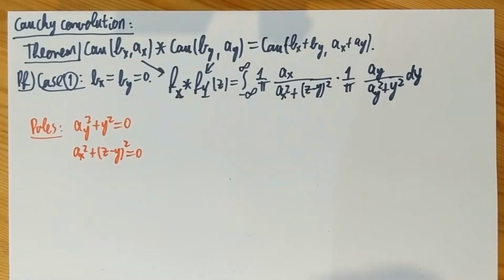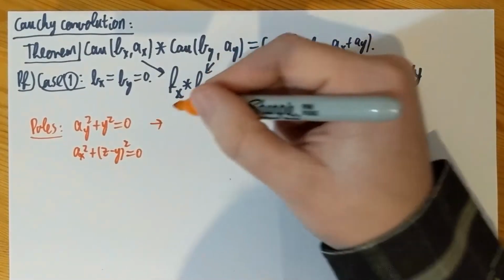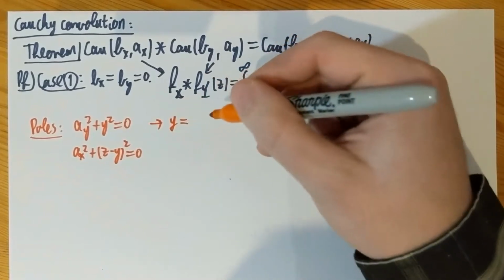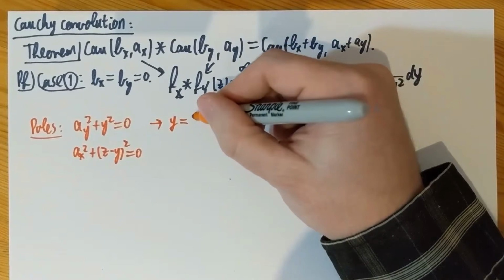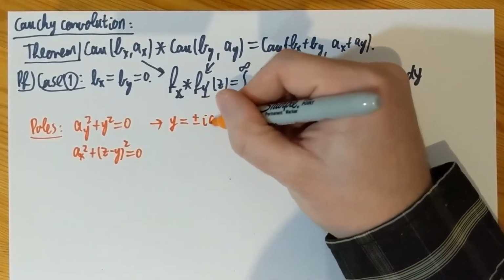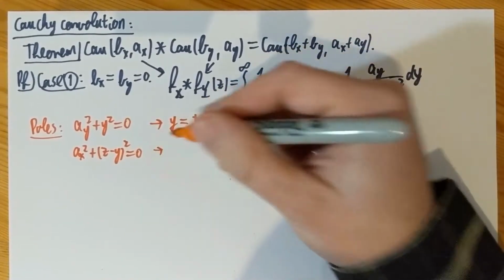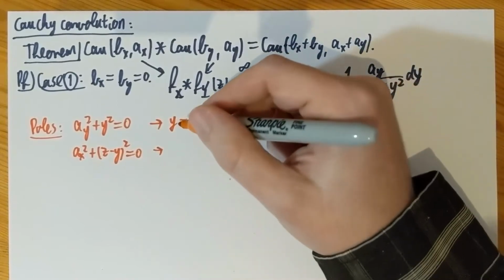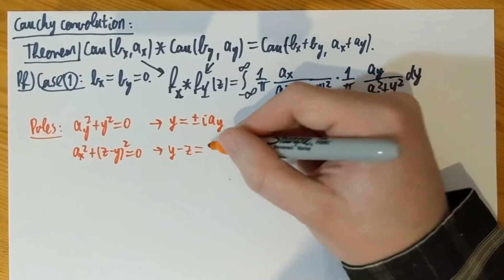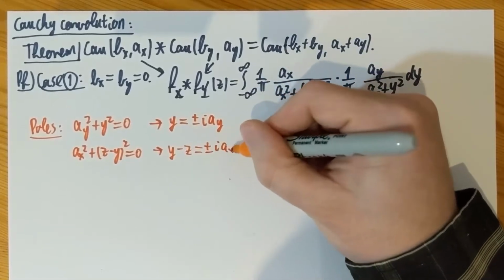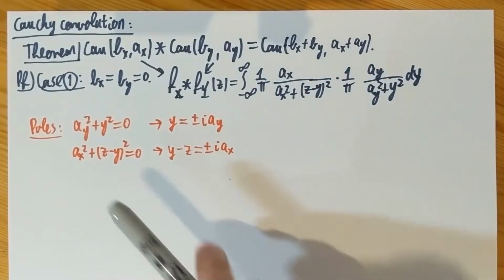So let's find these points explicitly. Well, this tells us that y is going to be plus minus i ay, and this tells us that y minus z is going to be plus minus i ax. Okay, just rearrange this.